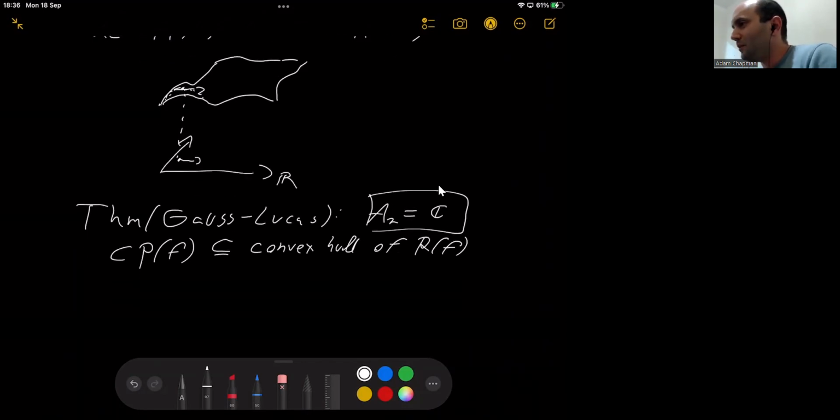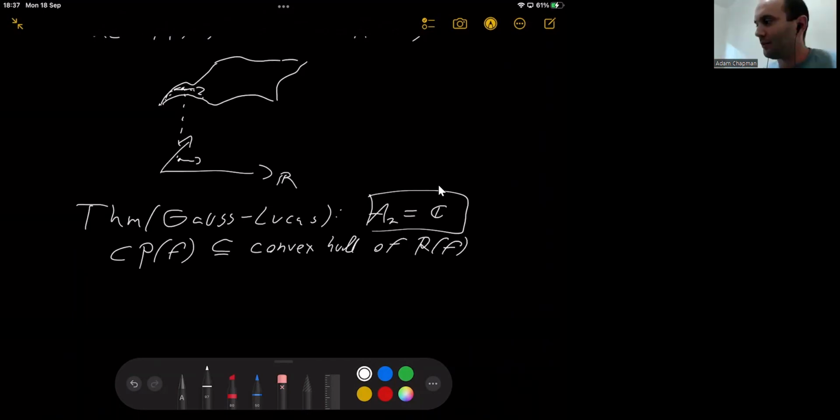What do you mean? What does it mean? It means that each critical point is some kind of a weighted average of roots of f. Okay, you have different weights on the different roots of f, and for instance, you can have the point in the middle between two roots.